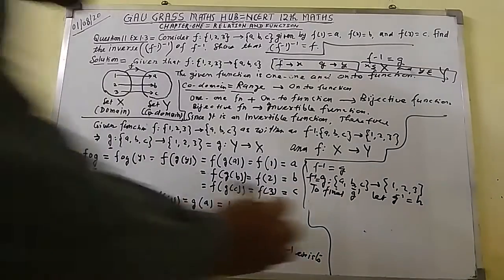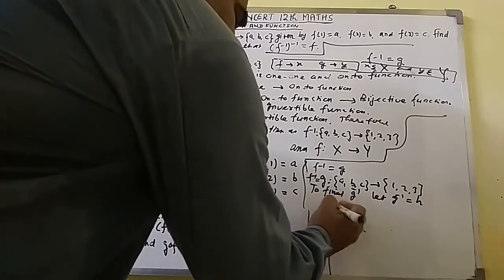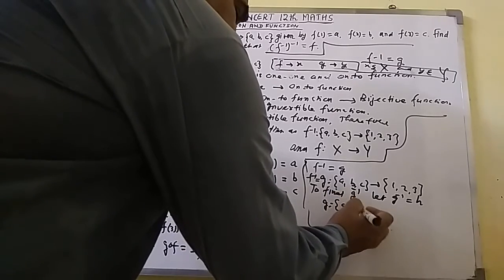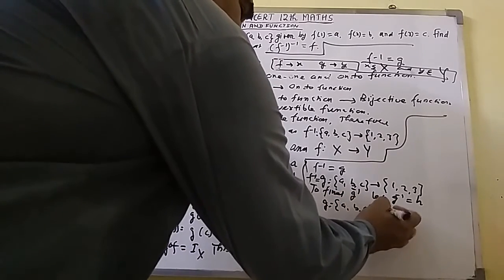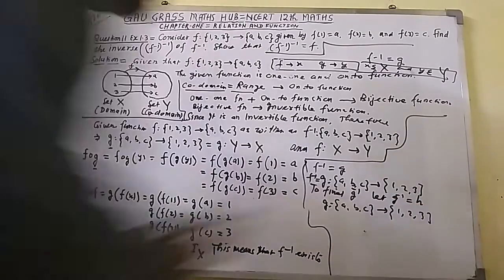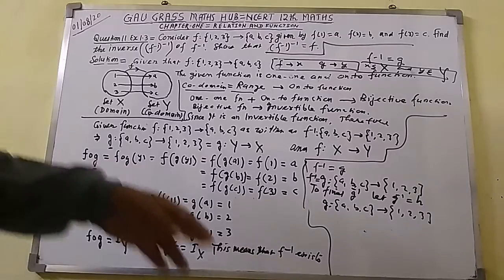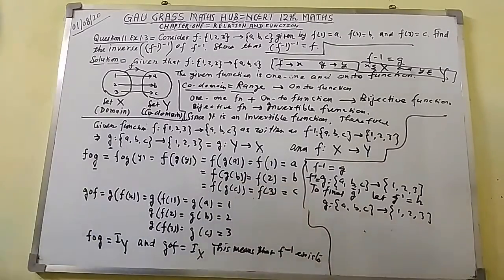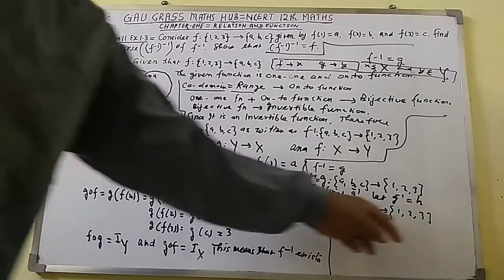So G inverse has to be found. Here you have got G: G of ABC goes to 1, 2, 3.